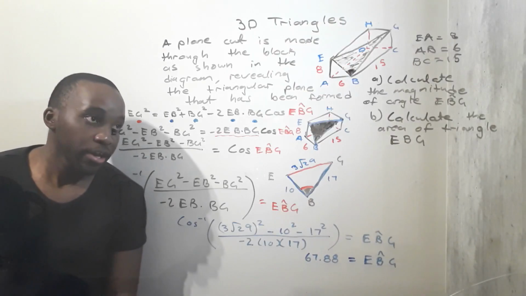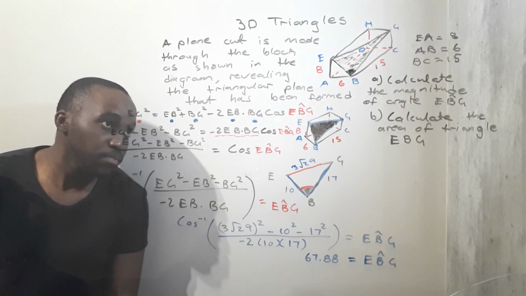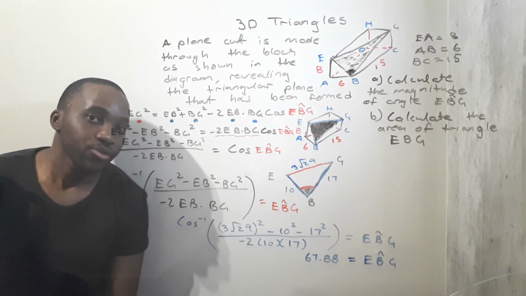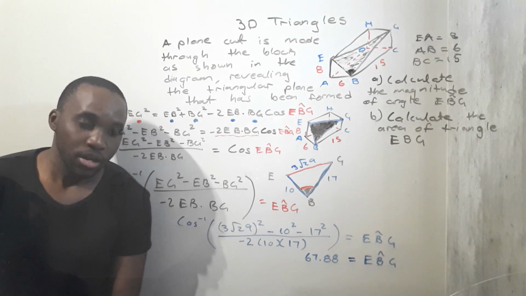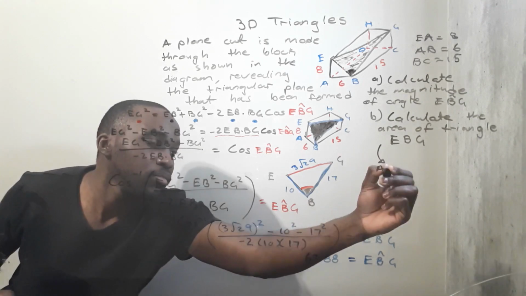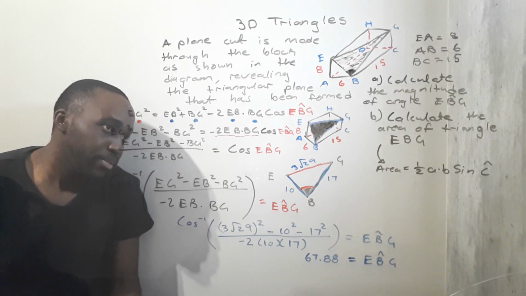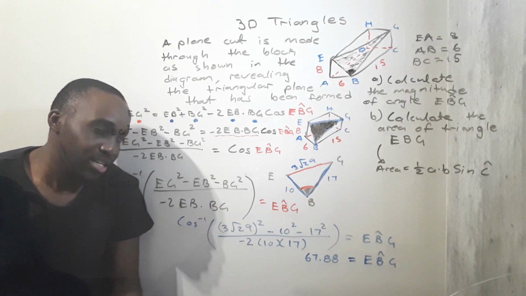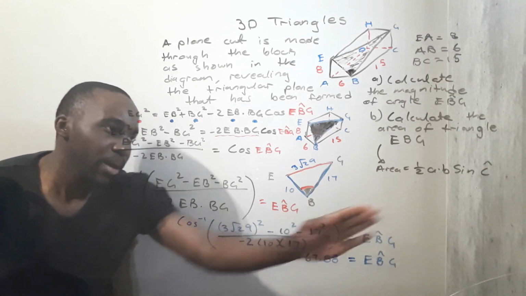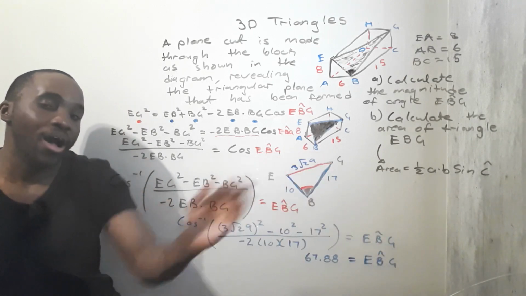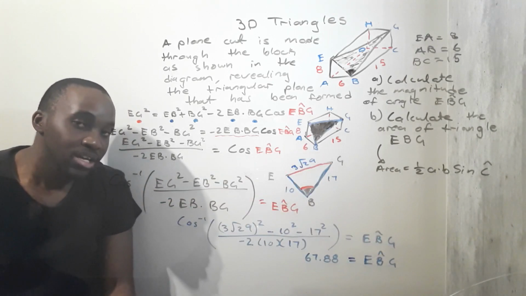So for us to get the area of triangle EBG, all we want to remember is our area rule. Now our area rule looks something like that. Area is half AB multiplied by sine C. Now in our case, we need to map these variables with what our lengths in our sketch is.